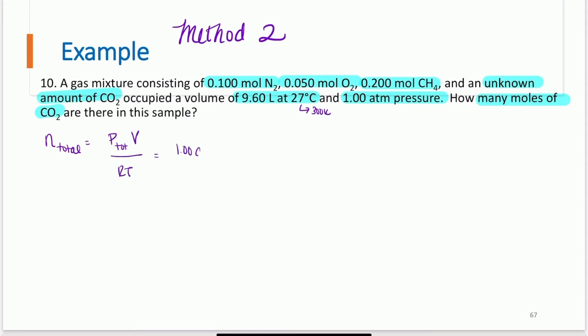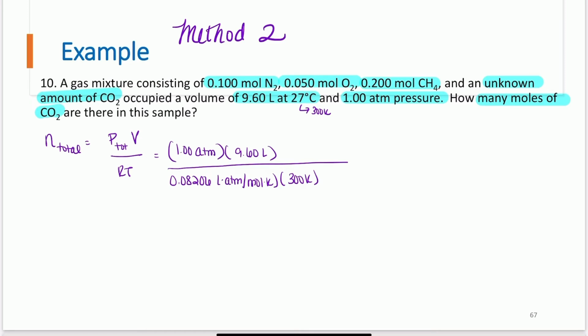We have 1 atmosphere, 9.60 liters, gas constant 0.08206 liter atmosphere per mole K, and a temperature of 300 K. This gives me the total moles of the system to be 0.390 moles.